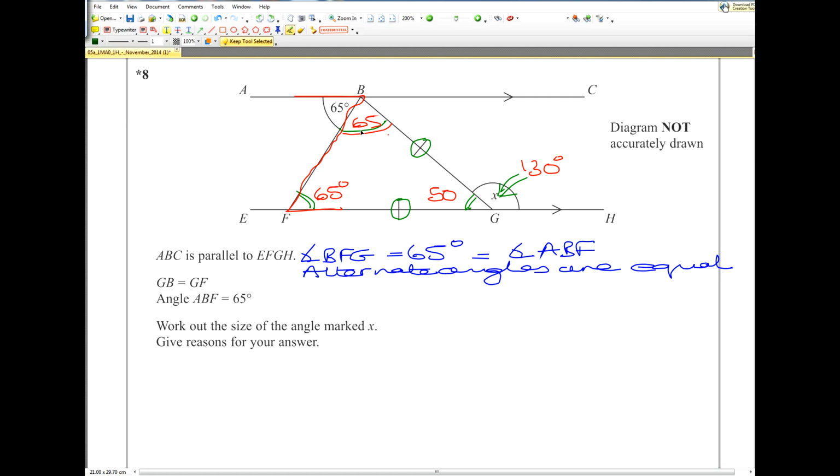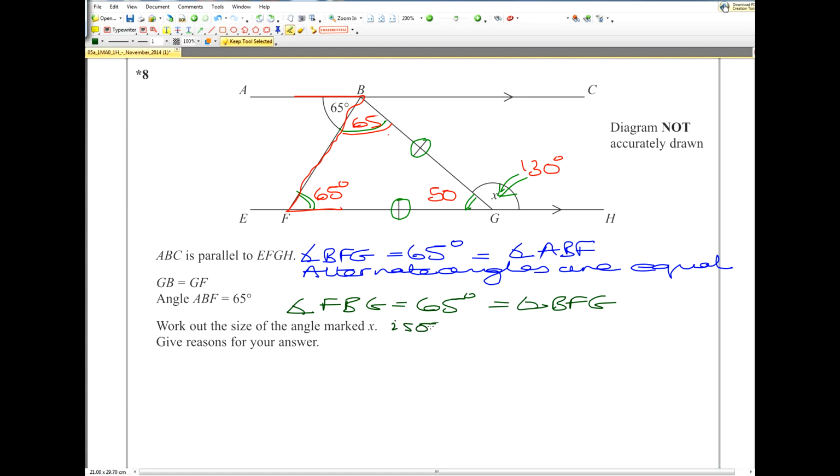Let's change color. Now, why was this 65? We say here now angle FBG is equal to 65 degrees, which is equal to angle BFG. Okay, what was the reason for these two both being 65? So we say isosceles triangle. Let's spell isosceles properly.